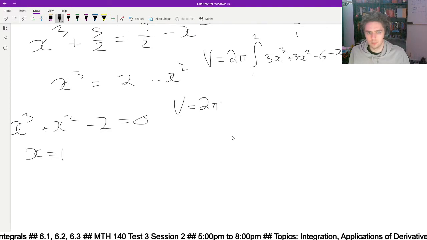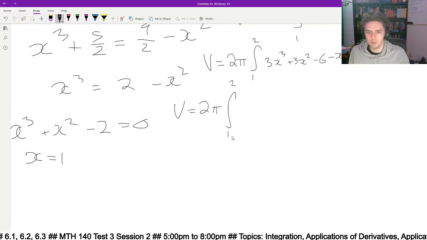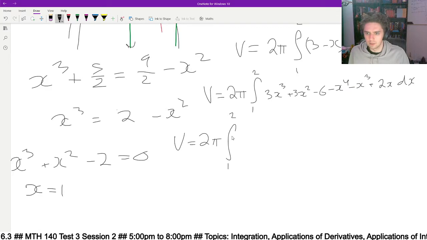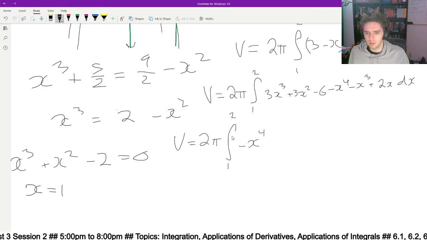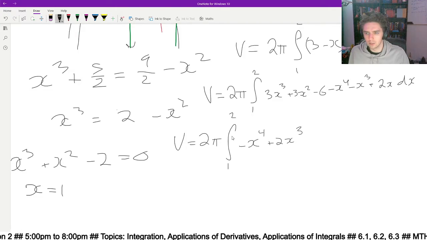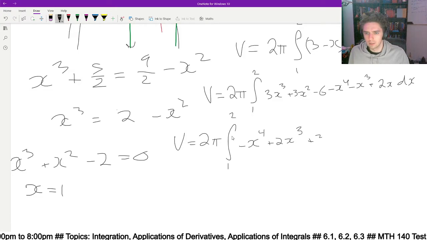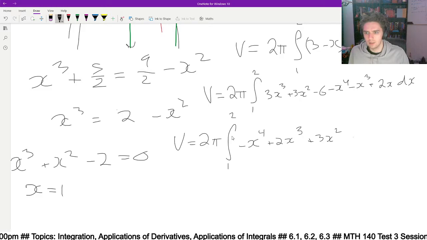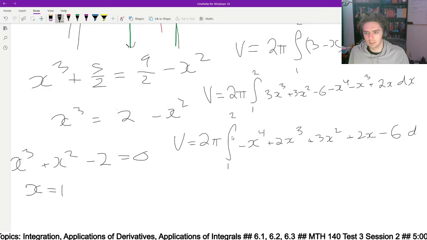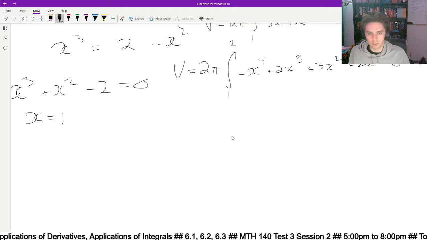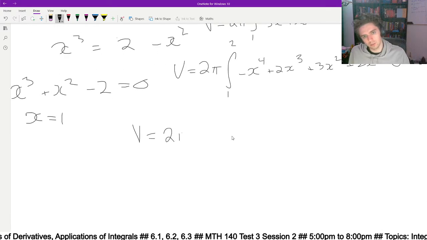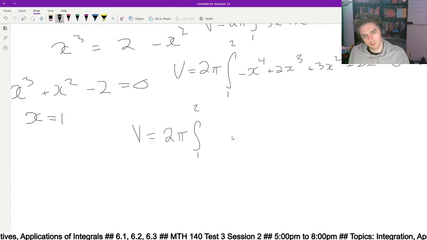V equals 2 pi integral from 1 to 2, so x to the 4 comes to the front, minus x to the 4 plus 2x cubed plus 3x squared plus 2x minus 6 dx. Okay. So we can just integrate this now. V equals 2 pi from 1 to 2.